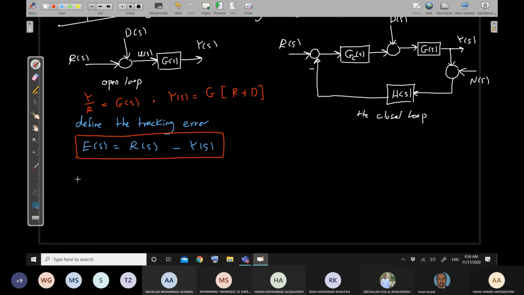There is no feedback. So E will equal 1 minus Y over R multiplied by R. Or simply, to make it easier, I have Y, so I will substitute it here. So E will equal R minus GR minus GD.